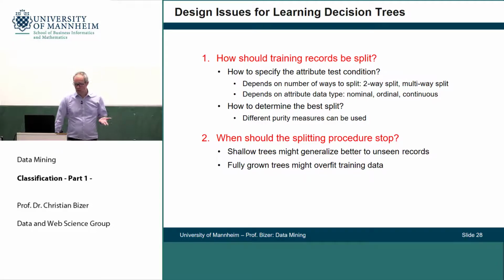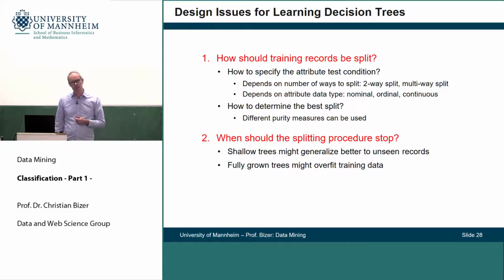Also, for nominal values, it's easy, but for ordinal attributes, we might need to keep the order of the attributes when we do the splitting. For continuous attributes, we either need to discretize or calculate the splitting boundary. That's the one aspect. The other aspect is how do we actually calculate this purity of the resulting sub-buckets. There are multiple measures that we can apply for this. That's how we do the splitting.